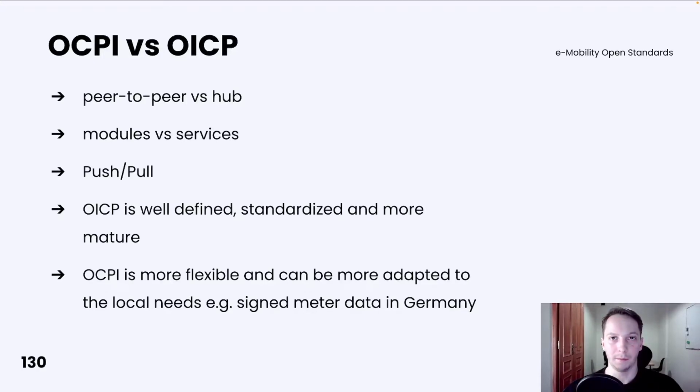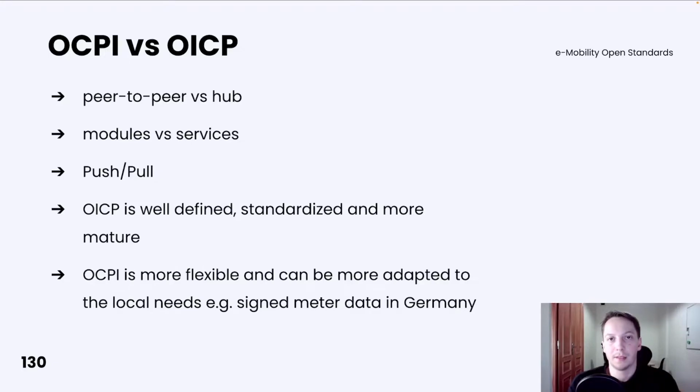In OICP, you will use only the POST HTTP method in order to model push and pull operations. What's more, those operations are not bidirectional and are valid only for the specific role. For example, an EMP can push authentication data to the Hubject platform, but a CPO cannot pull it.